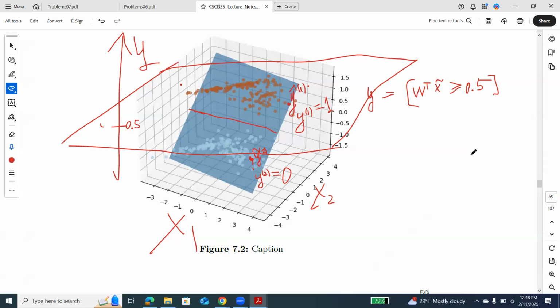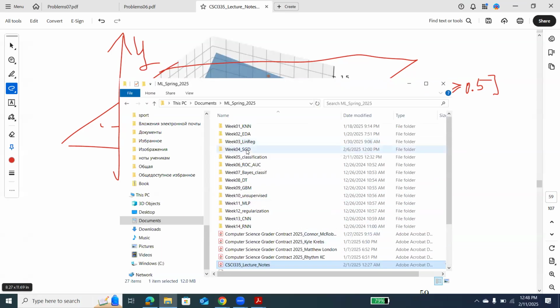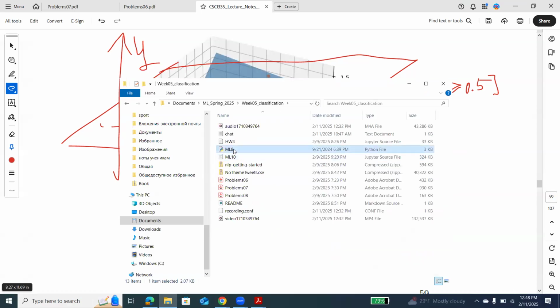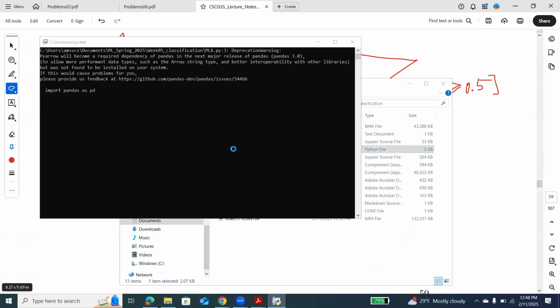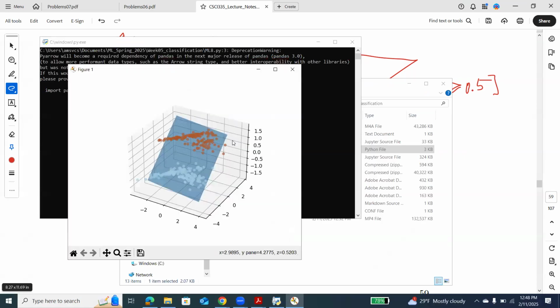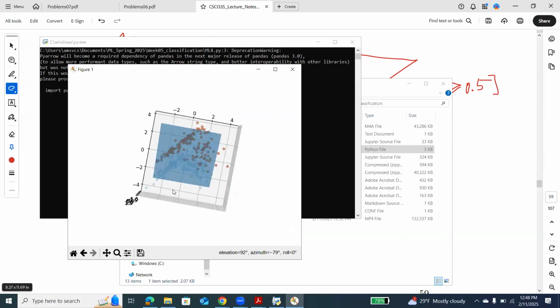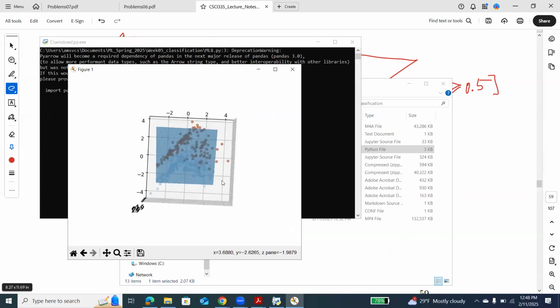Okay, so if you look at this problem from above, let's take a look from a different angle. Then you will see this two-dimensional image.